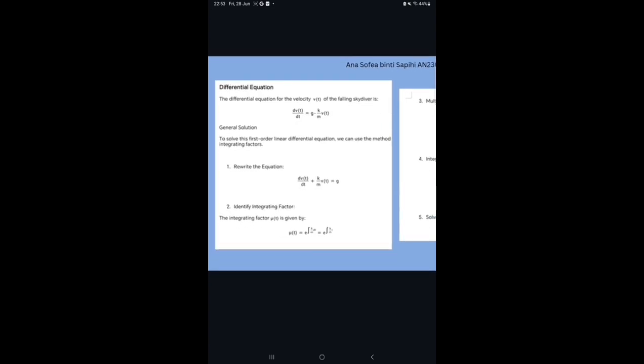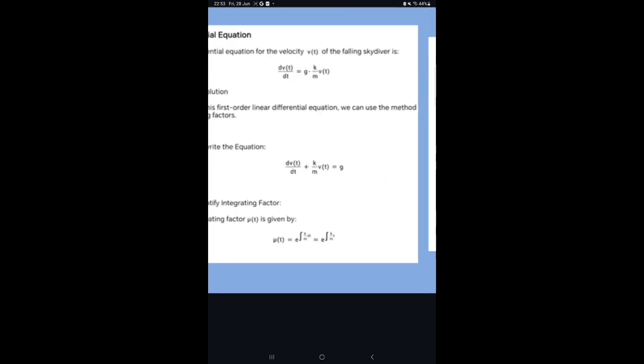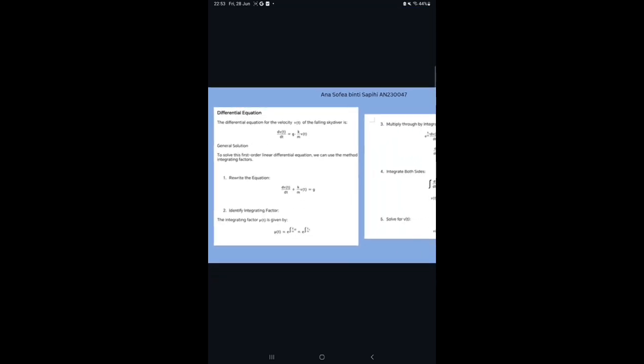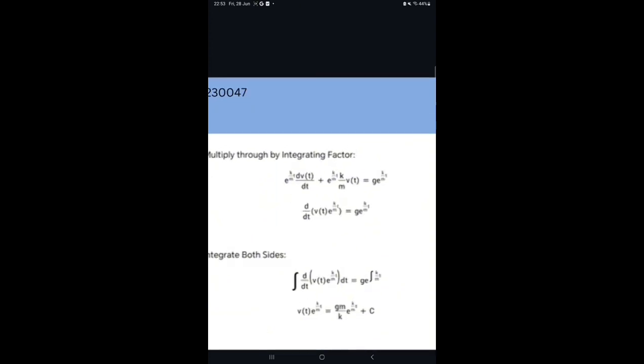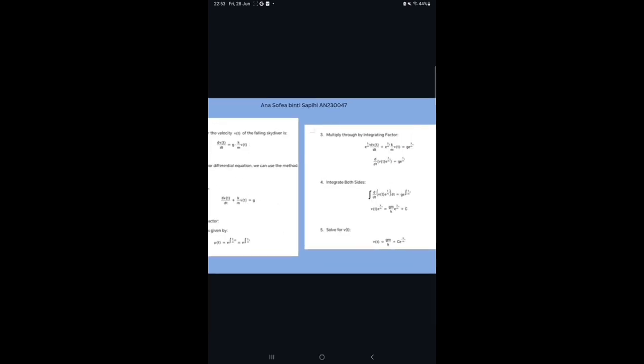For the general equation, first we rewrite the equation so it becomes dv(t) over dt plus k over m v(t) equals g. Then we find the integrating factor: mu(t) equals e to the integral of k over m dt, which equals e to the power of k over m t.